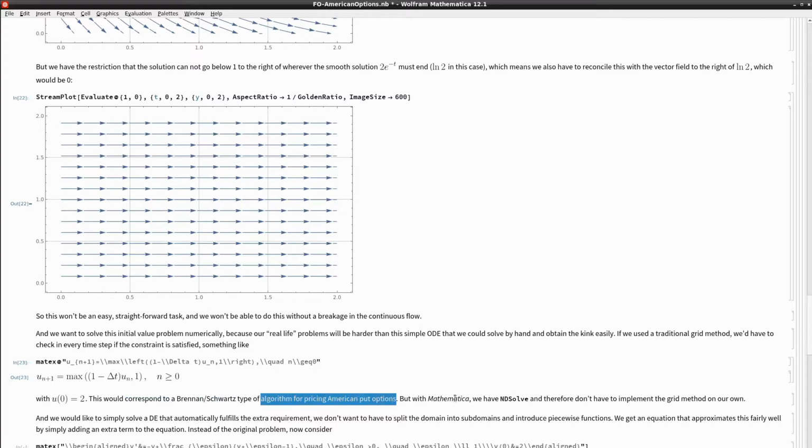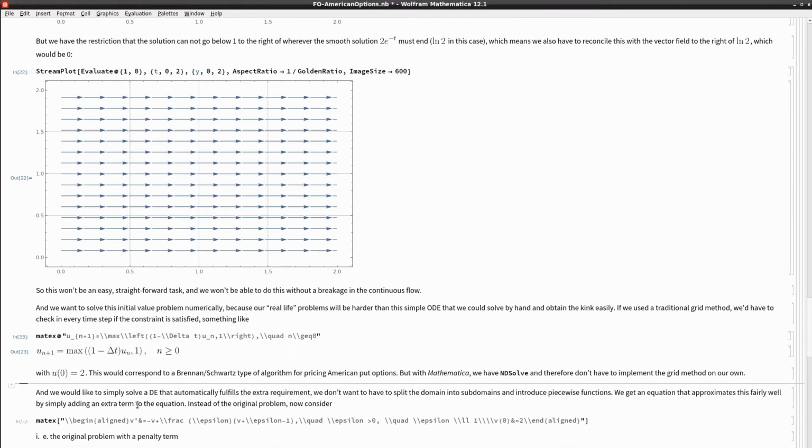But we're using Mathematica and we have NDSolve and therefore don't have to implement the grid method on our own. We use the method of lines that we have implemented in NDSolve and we go our merry way. We don't have to worry about implementing such a grid method. So next, we also would like to simply solve the DE that automatically fulfills this extra requirement.